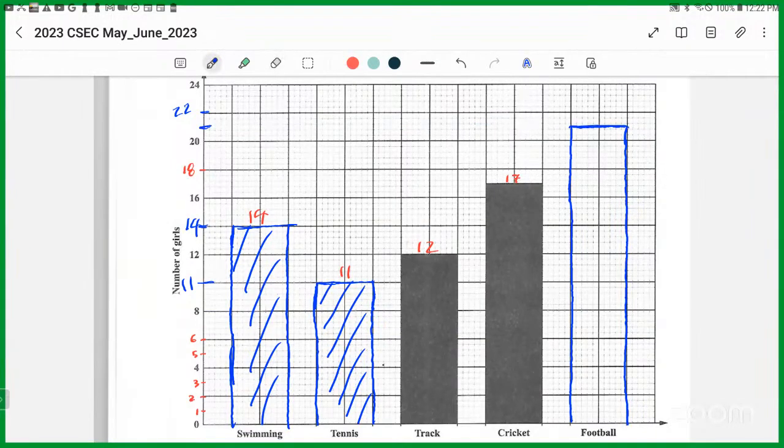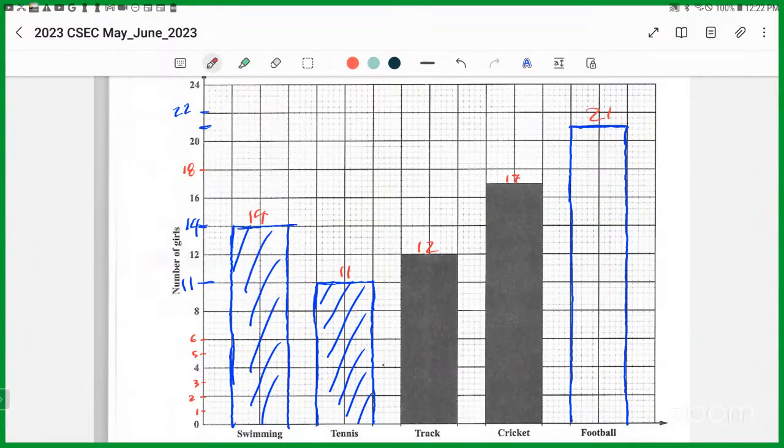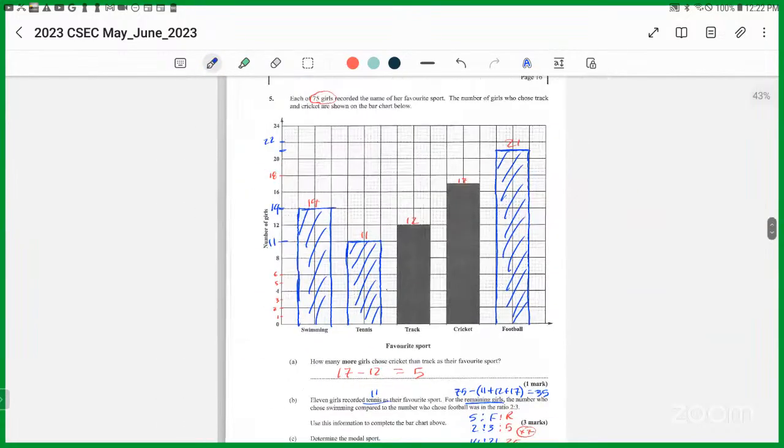That's 21. I'm going to put 21 on top there, and let's shade this one as well. That is your bar graph.